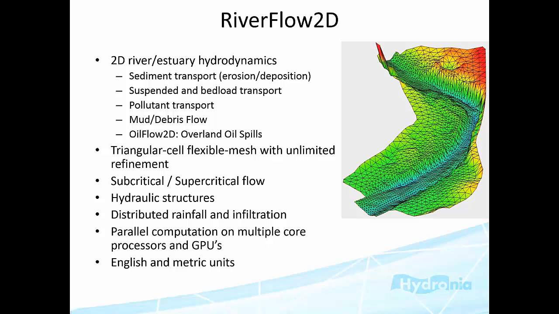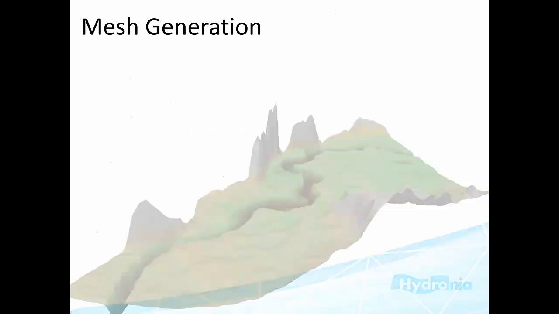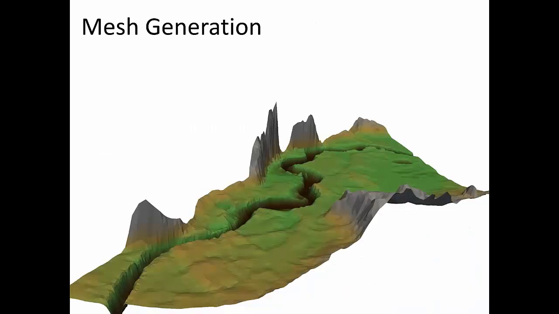The model also works in English and metric units, so it is able to be adapted to different norms and regulations of the countries that it's used in. The mesh generation in the full version and also in the InfraWorks version that Matt is going to show you today is fully automated. In InfraWorks, you don't even need to know what it does in the background, but it generates a mesh automatically for the terrain.